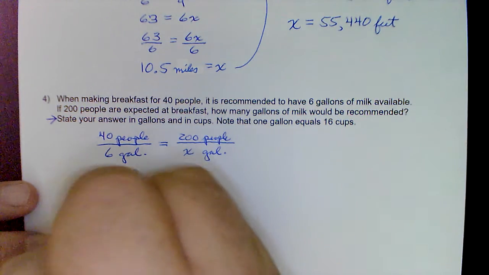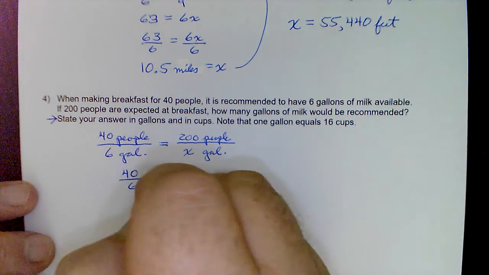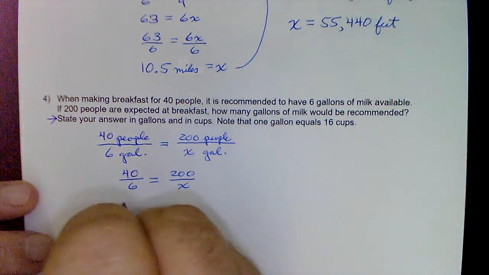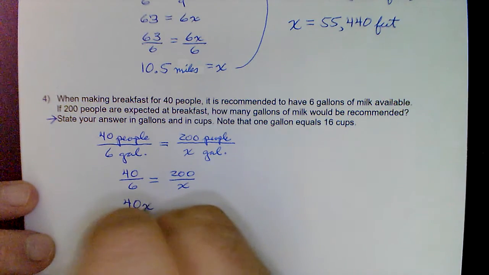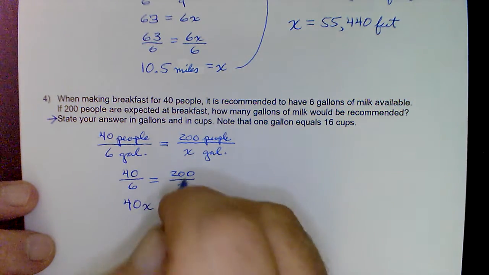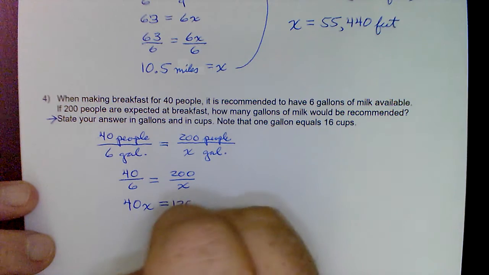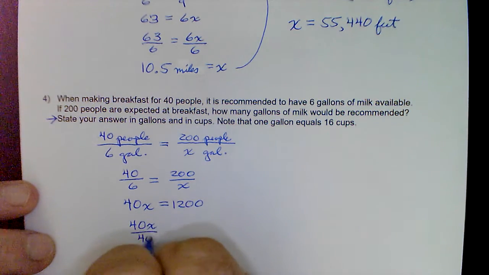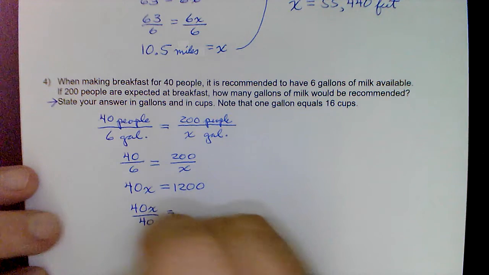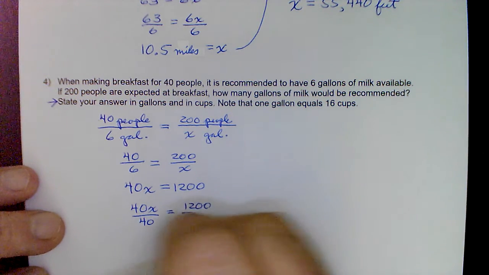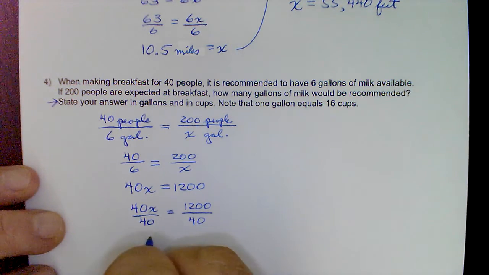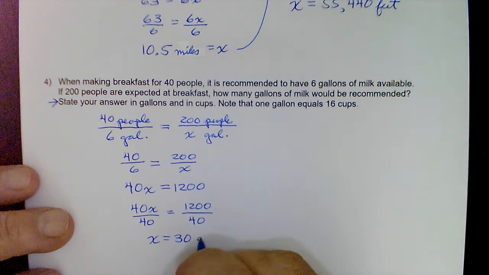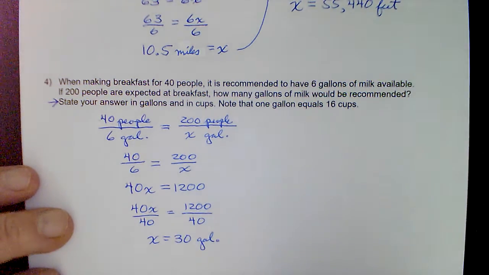Drop the units, 40 over 6 equals 200 over X. Cross multiply, we have 40X equals 6 times 200, 1200, and dividing by 40, we get that X is equal to 30. And that represents 30 gallons of milk.